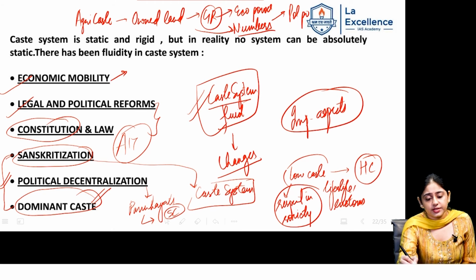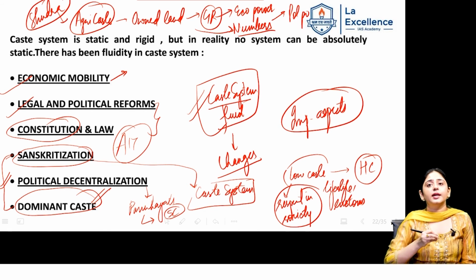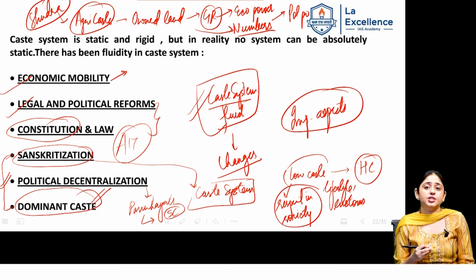So these agricultural castes, which ideally are in the Shudra caste, are becoming dominant in a particular village, in a particular region because of this.